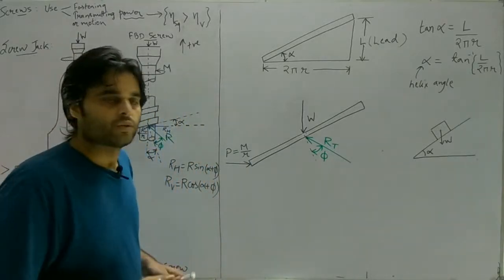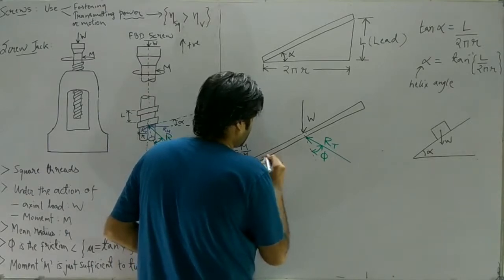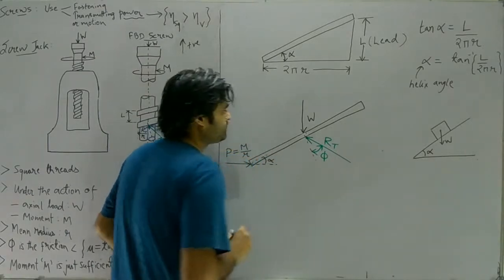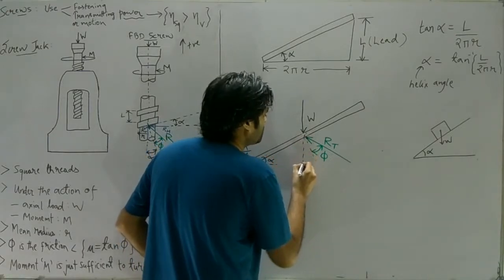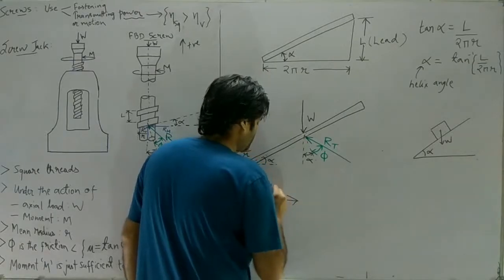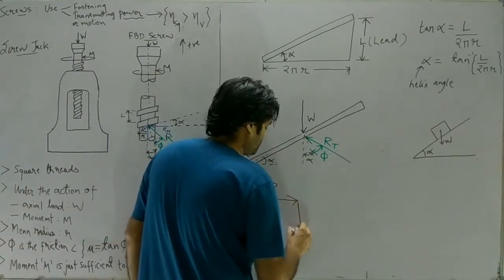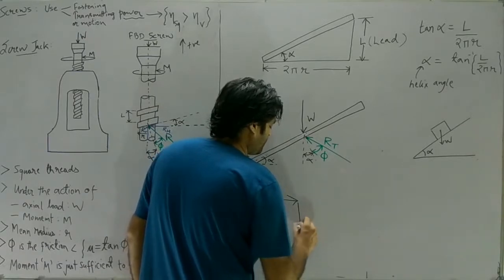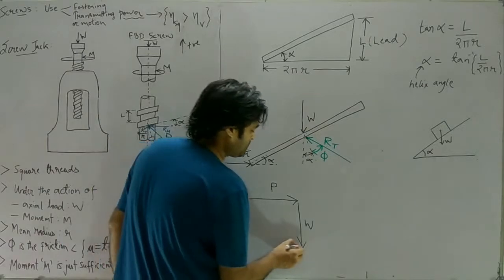Now we see that this angle is alpha. We know that these three forces are concurrent and they can be drawn like this.